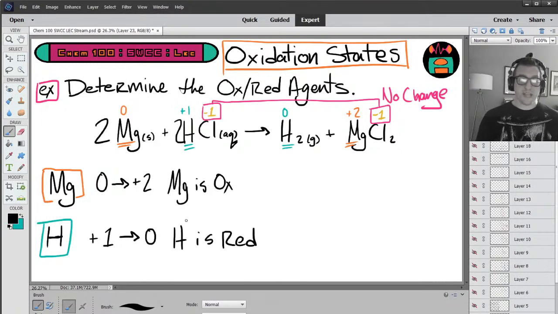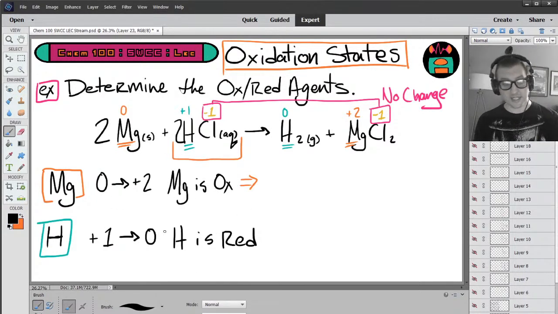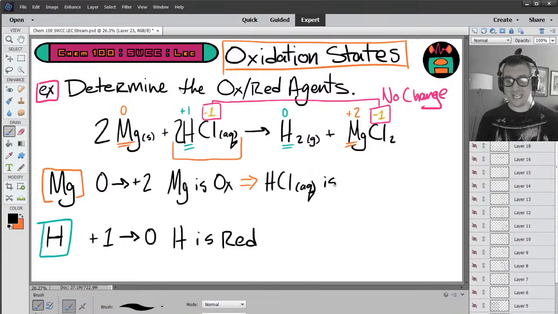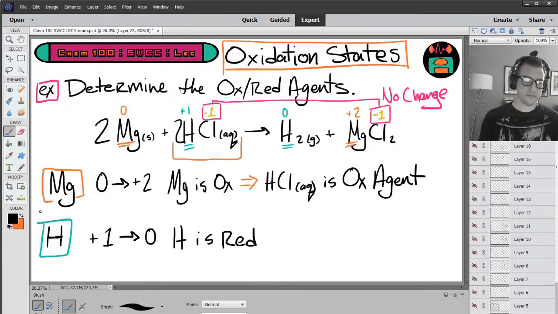All right, so because magnesium is oxidized, the question is, what reactant causes that oxidation? And the answer is aqueous HCl reacts with magnesium to cause the oxidation. So HCl, hydrochloric acid, is the oxidizing agent. We know that hydrogen is being reduced.